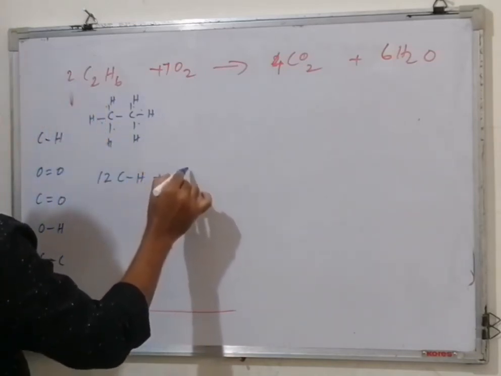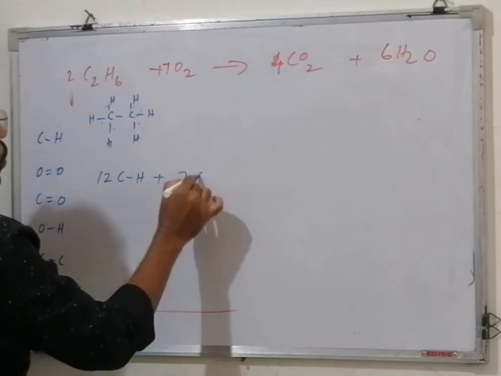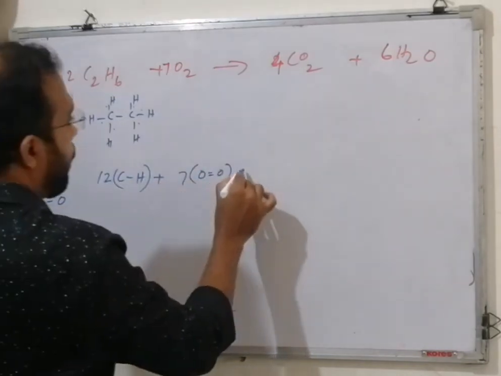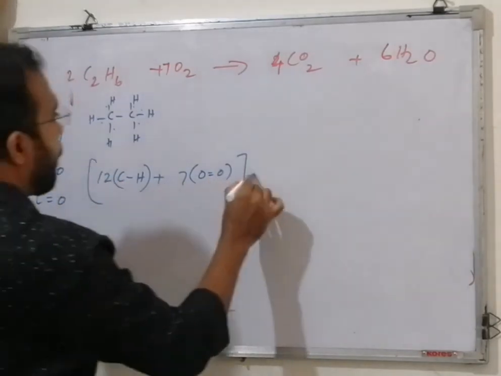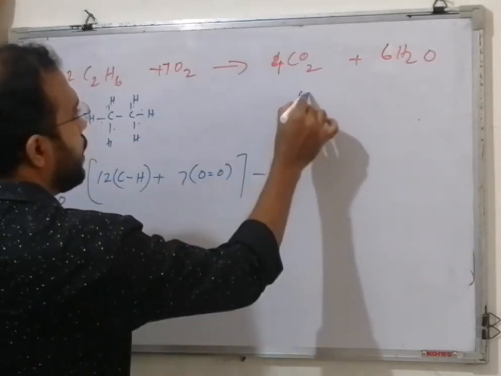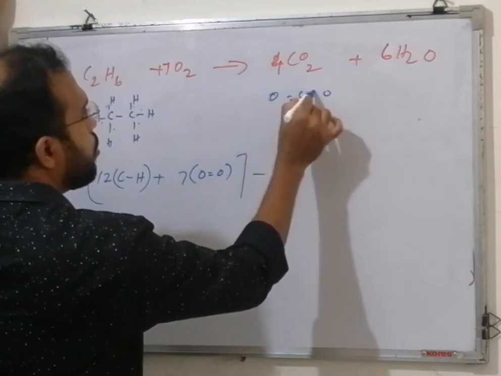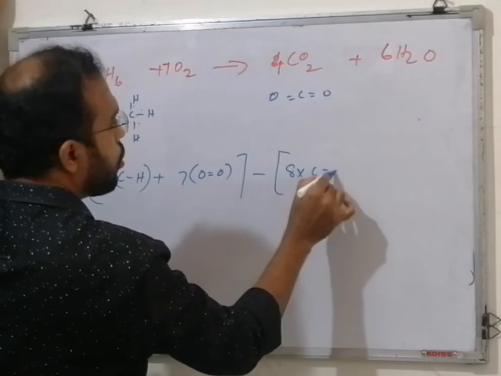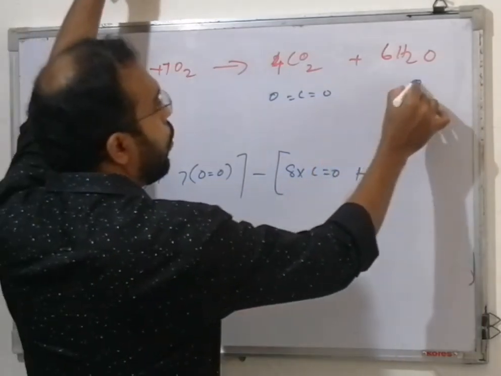Plus 7 into OO bond enthalpies, minus C double bond O. How many C double bond O? 2 into 4, 8 C double bond O bond enthalpies, plus OH.